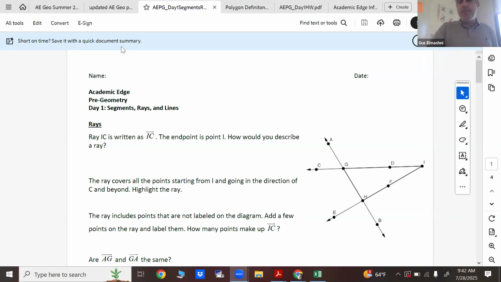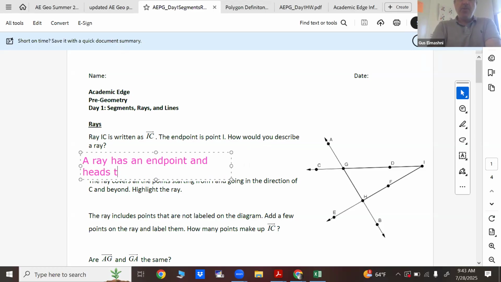The way I would describe it, and you could paraphrase, I'm going to type this as a text box because my handwriting's not the greatest. But I would say a ray has an endpoint and heads towards another point.